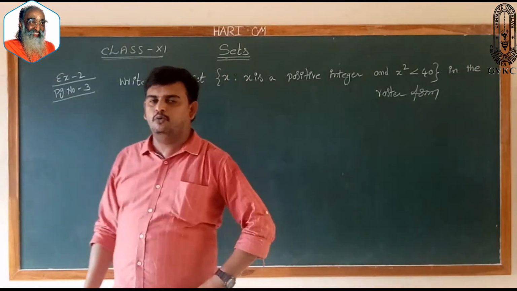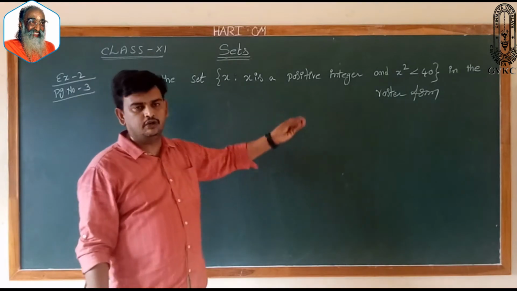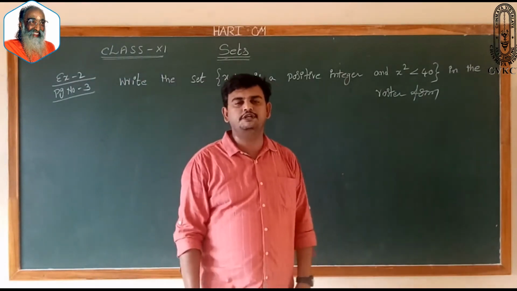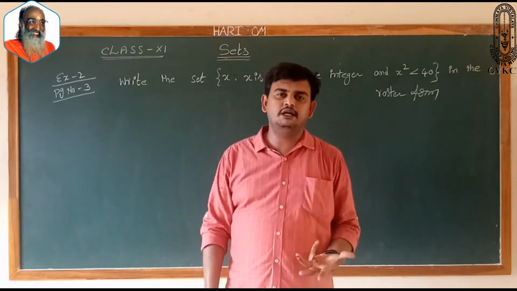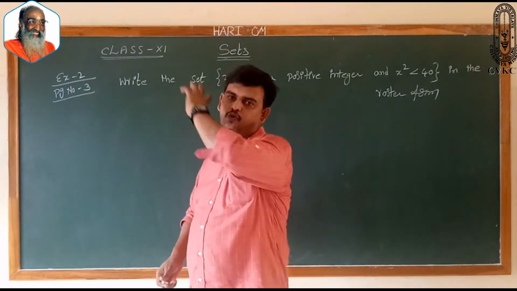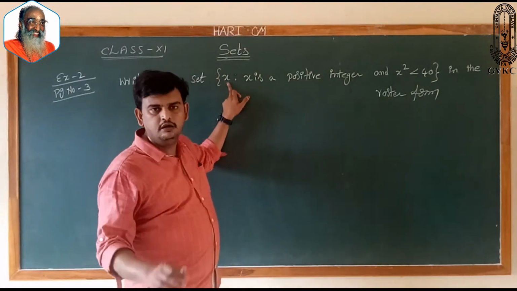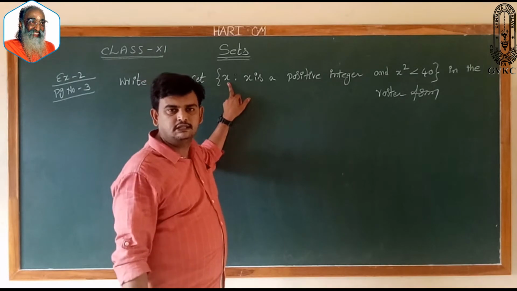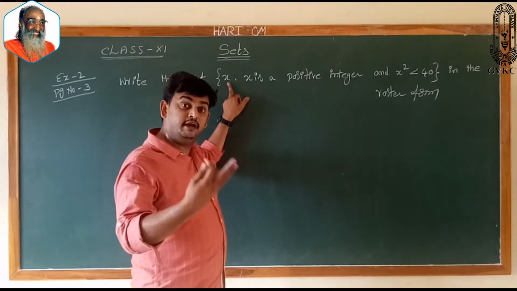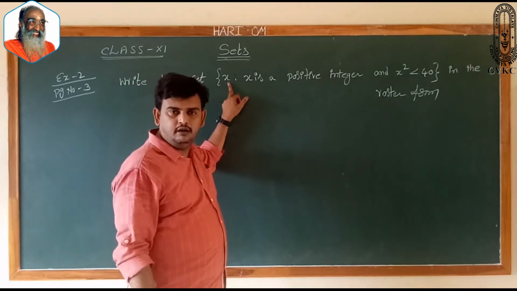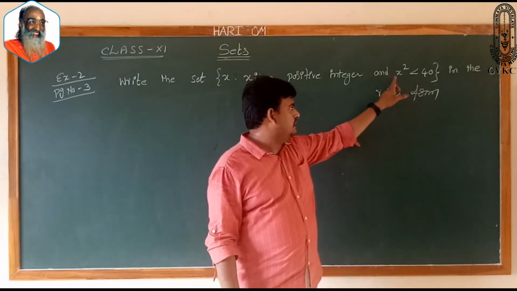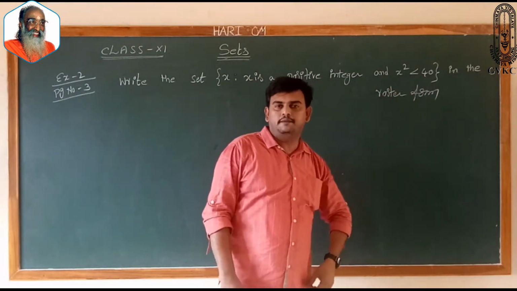Now the set builder form, how do we have it? There is a condition that x is a positive integer. What are the positive integers we have? Positive integers are nothing but natural numbers, meaning 1, 2, 3, 4, 5 and so on. Here x is nothing but natural numbers. How many natural numbers do we have? Infinite natural numbers. But we don't want all the infinite natural numbers. There is a condition that x square is less than 14.